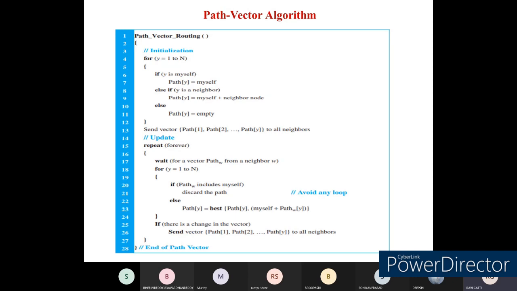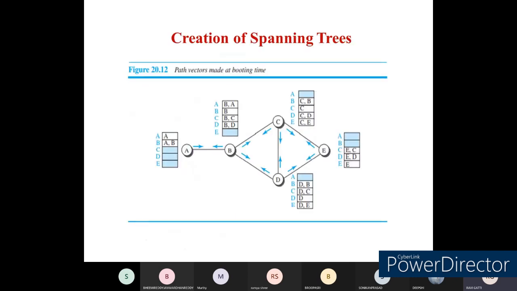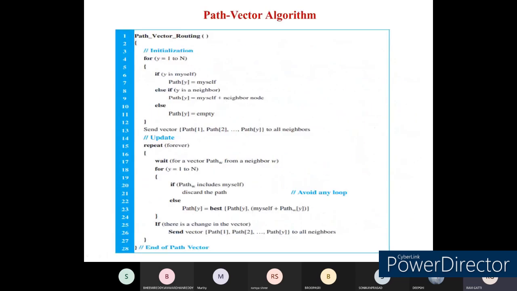Let's say, for the example in the previous case, node B comes under the communication range of node A. Therefore, node B will send its path vector details to node A. After reception of the path vector details from node B, node A will update it. How will it update it?